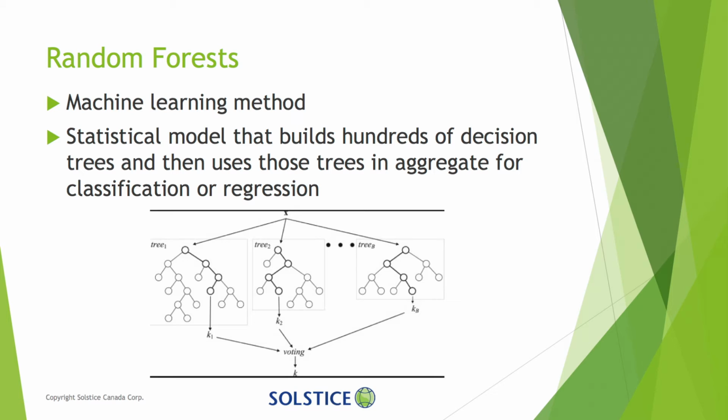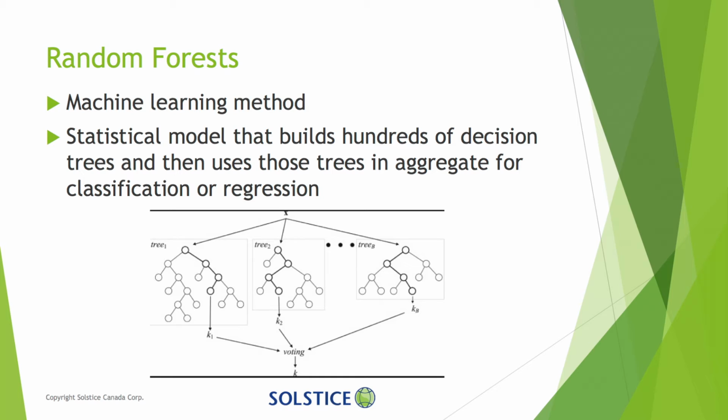I came across in the academic literature a modeling technique called random forest analysis, which has been used quite extensively in the remote sensing world because it's a very flexible non-parametric technique that can handle a lot of different data sources.